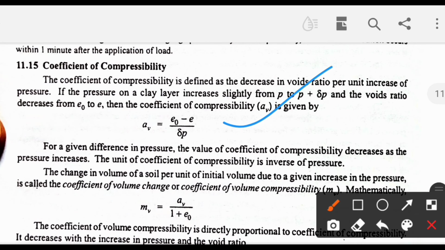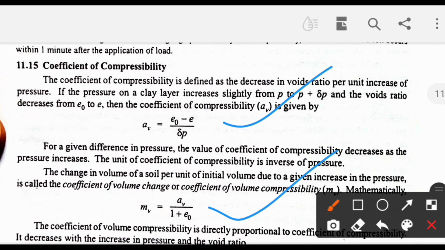The change in volume of a soil per unit of initial volume due to given increase in the pressure is called the coefficient of volume change or coefficient of volume compressibility.